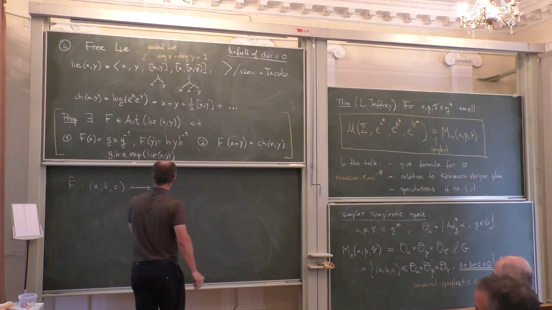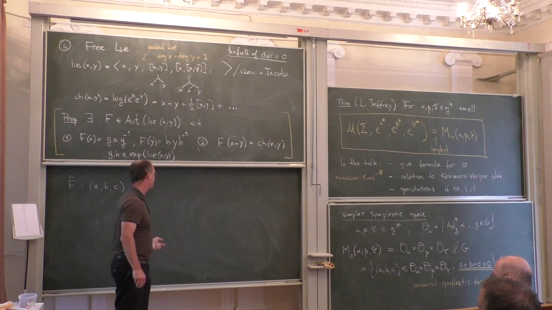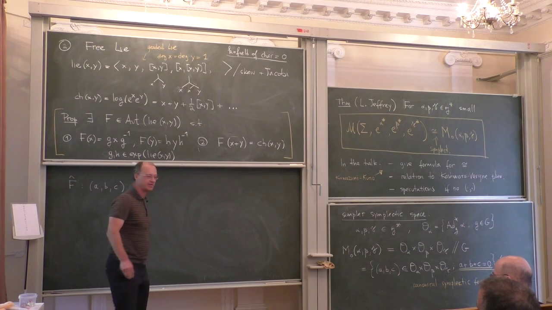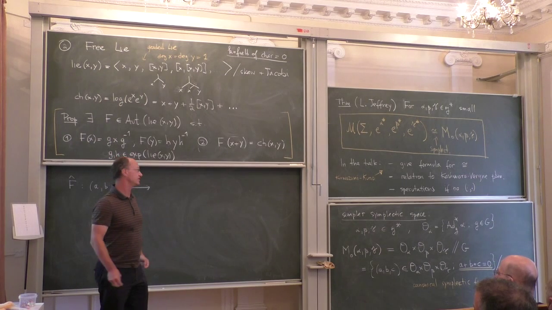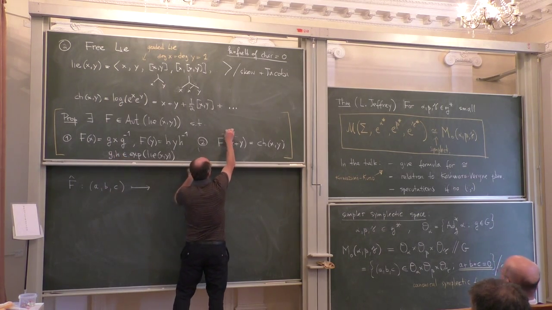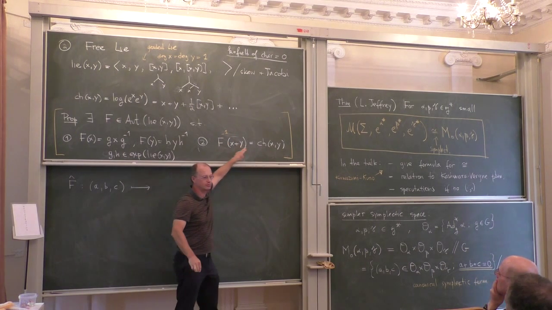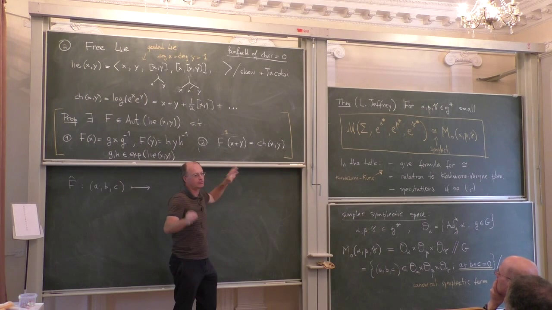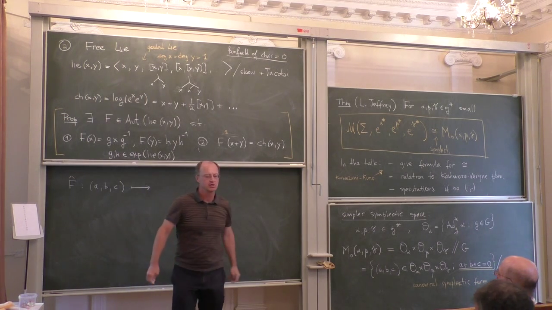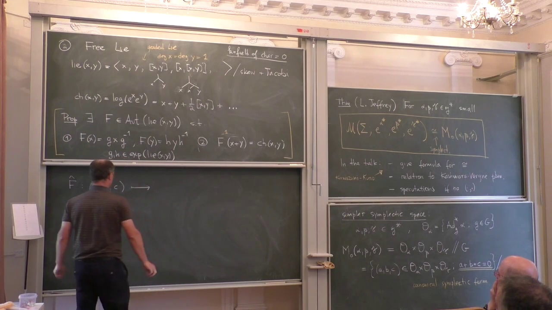I first wrote a formula, but then I saw that it's slightly wrong. So in order to write a formula in a more convenient way, let me say I want f of Campbell-Hausdorff to be equal to x plus y. Of course, it doesn't matter so much, it's just the inverse automorphism. So I'm given such an f.